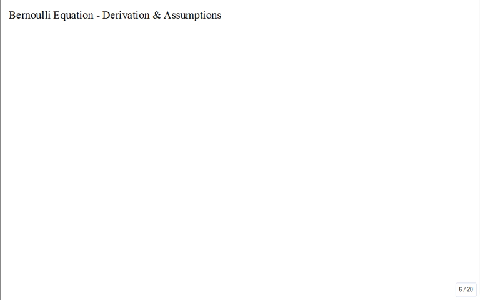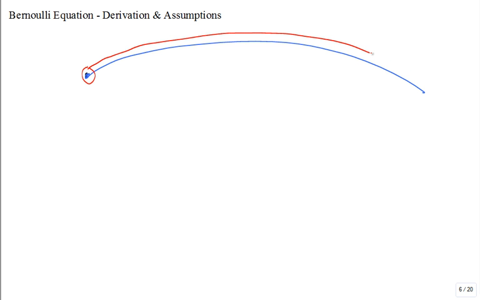Let's do this. Let's take a fluid chunk right here and follow it as it flows through my flow field. That's a streamline surrounded by other flow chunks that flow. And now what's that? That's a stream tube.